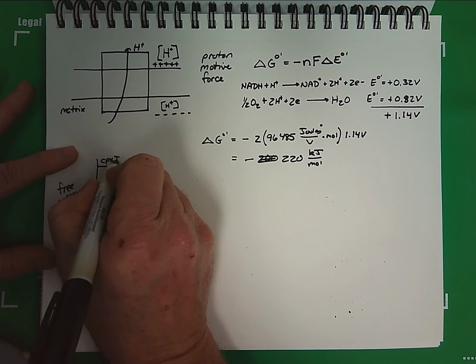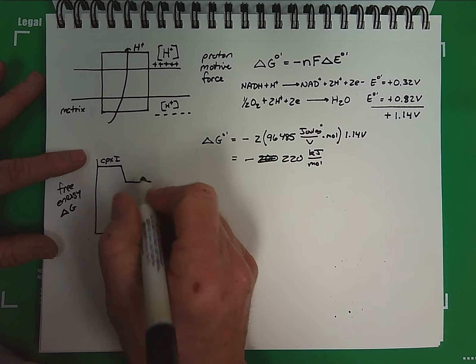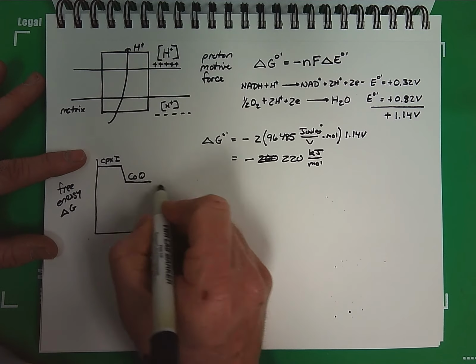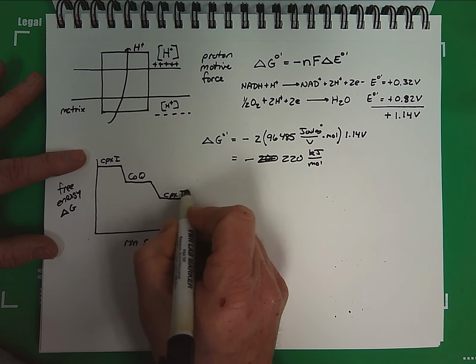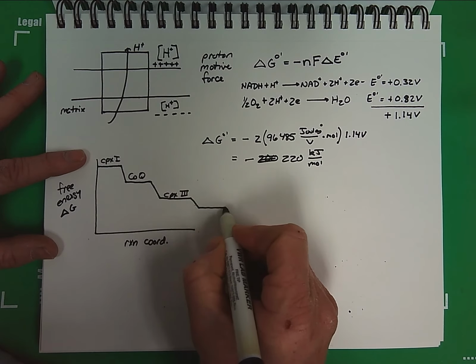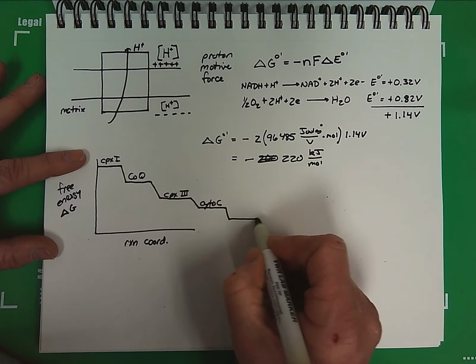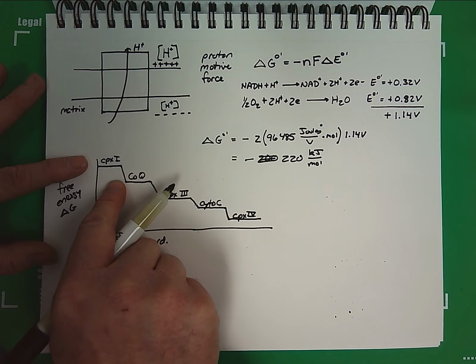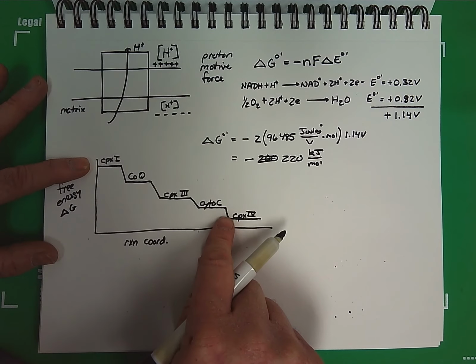So this could be considered the free energy state at complex 1. This would be at CoQ. Here's complex 3. Here's cytochrome C. And ultimately here is complex 4. So we are decreasing our free energy state, making each successive redox reaction a favorable reaction.